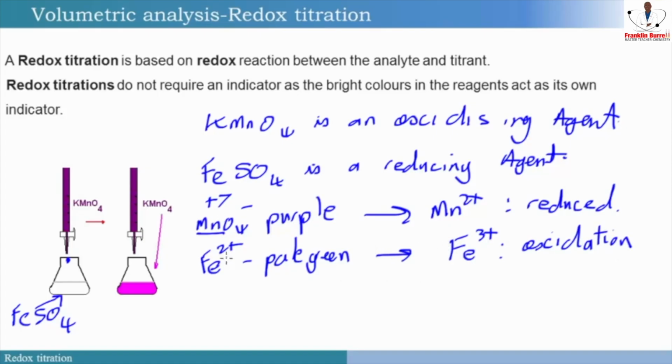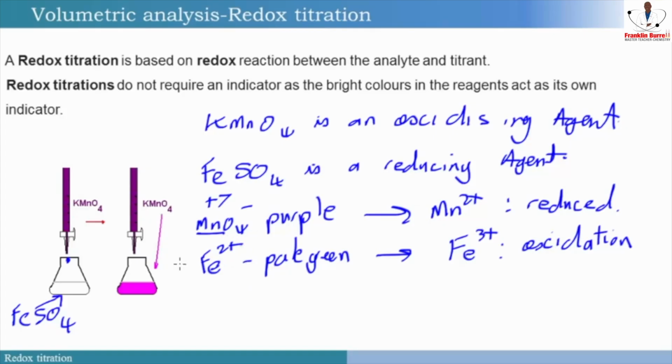When you react these two species, the oxidizing agent causes iron 2 plus to be oxidized to iron 3 plus, as well as the reducing agent iron 2 plus causes potassium permanganate to be reduced from +7 to +2. So this reaction is called a redox reaction.